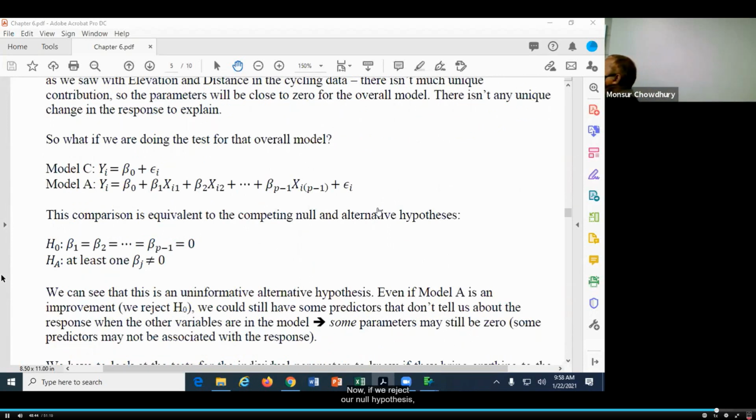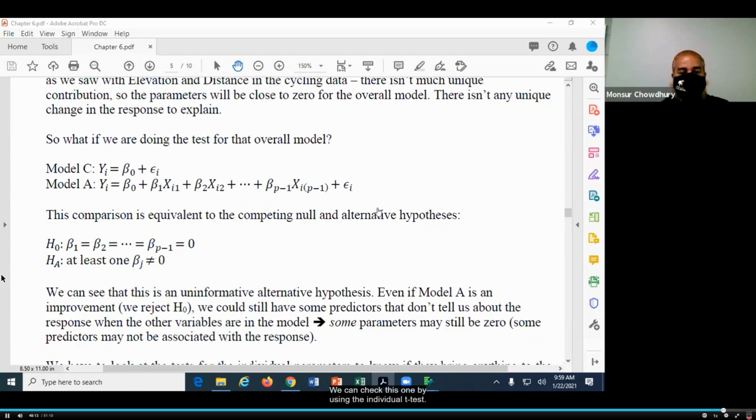Now, if we reject our null hypothesis based on the F-test, we can say model A is useful because we are rejecting the null hypothesis. But in our model A, there could still be some predictors that are not useful. Overall, the model is useful because there are many predictors, but there could be some variables that are not useful.